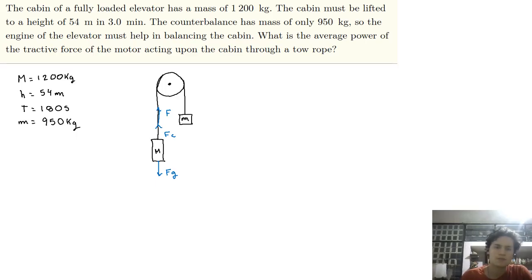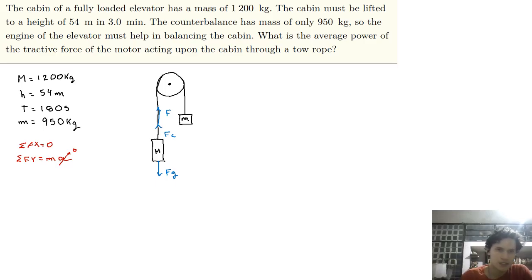Let's write first the equations in the x-axis. The forces in the x-axis are equal to 0 because nothing is happening. But in the y-axis, there is movement, mass times acceleration. But we're going to assume that the movement of the cabin in this exercise is constant, so we are going to assume the acceleration is equal to 0, because it makes sense and it's the way we can solve the problem.